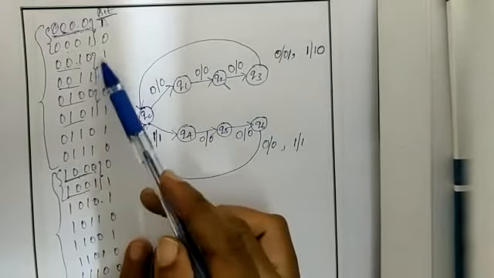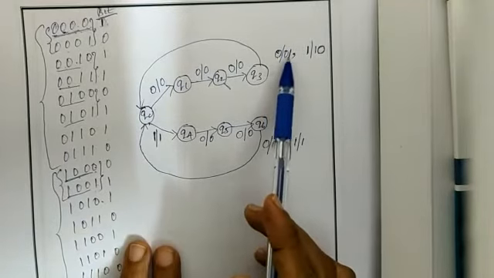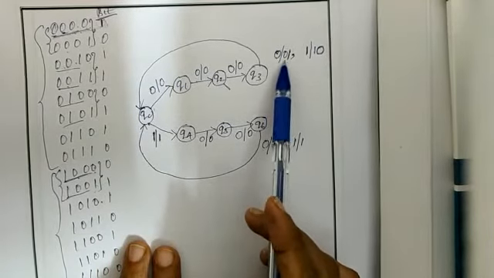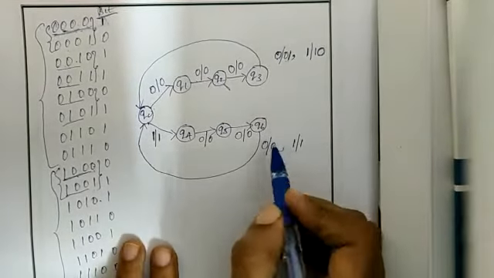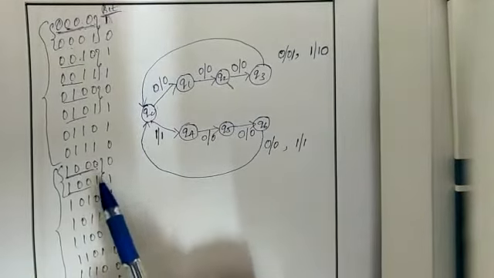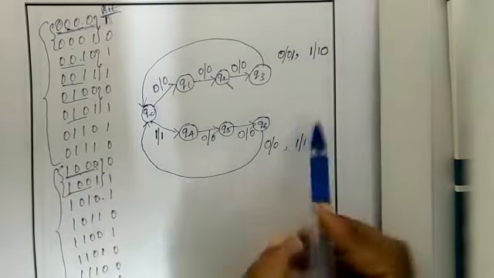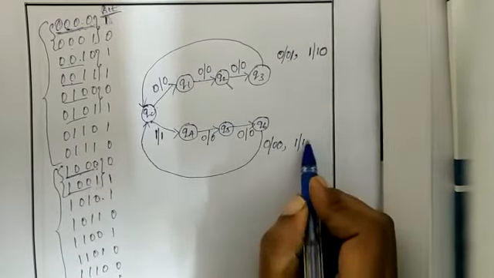Here you can check the output bits 0 1 1 0. Here also I'll write the output. See here, parity bit for the first combination 1 0 0 is 0. Here parity bit is 1 1.